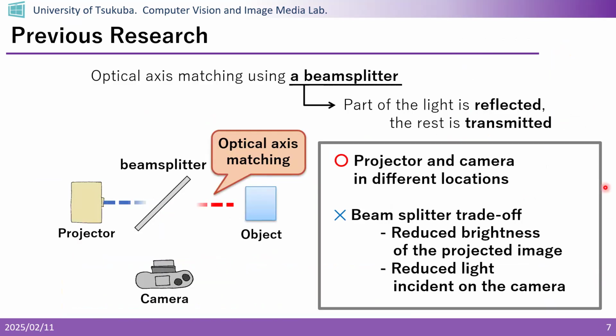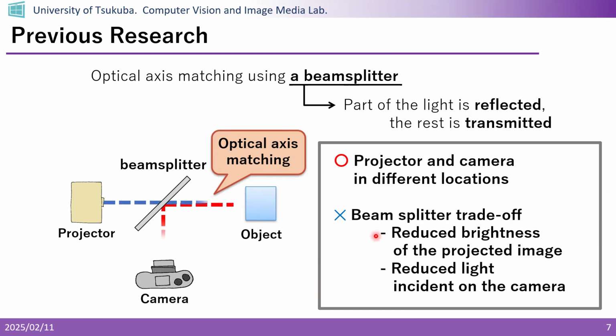In the previous research, optical axis matching was performed using a beam splitter. Light from the projector passes through the beam splitter to reach the object. The light from the object is reflected by the beam splitter and reaches the camera. The optical axes of the projector and camera are matching between the beam splitter and the object.